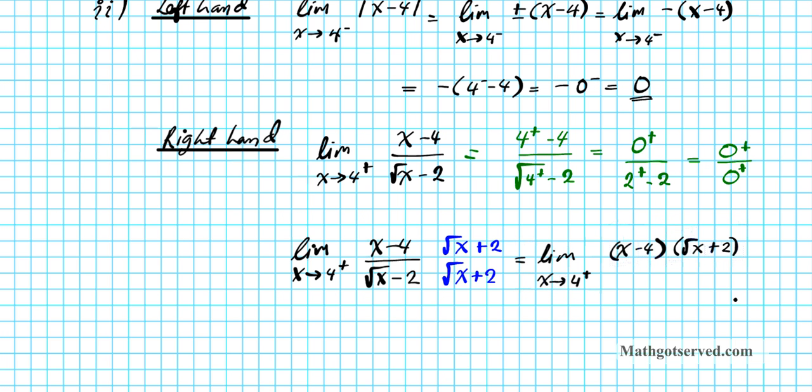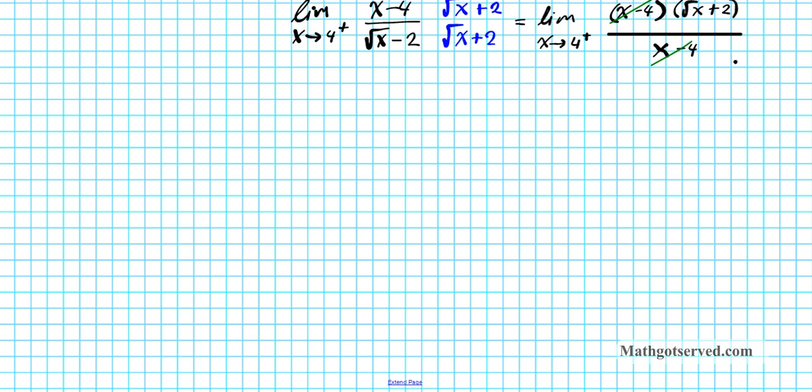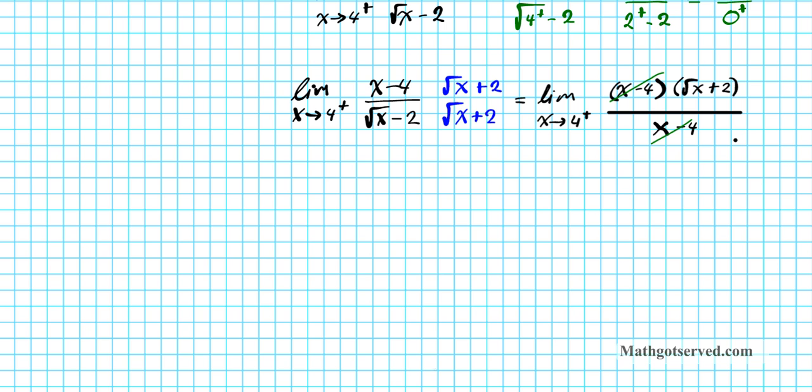So we'll divide that by, if you distribute, this is a difference of squares, so it's simply going to be x minus 4. So what happens is that this x minus 4 and that one divide out, and your limit now becomes the limit as x approaches 4 from the right of the square root of x plus 2.